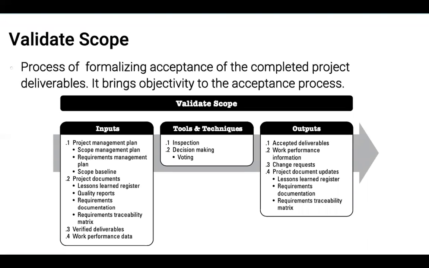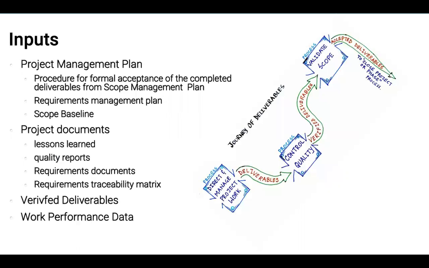We're going to inspect and then make decisions whether those deliverables satisfy the requirements, the technical specifications, and then we're going to either release those deliverables as accepted deliverables to closing project, or we're going to perform integrated change request in order to deal with the deliverables that have been rejected.